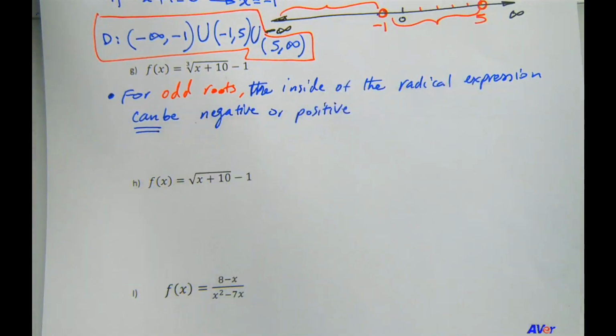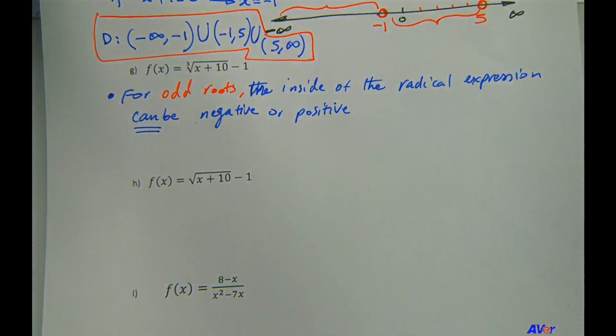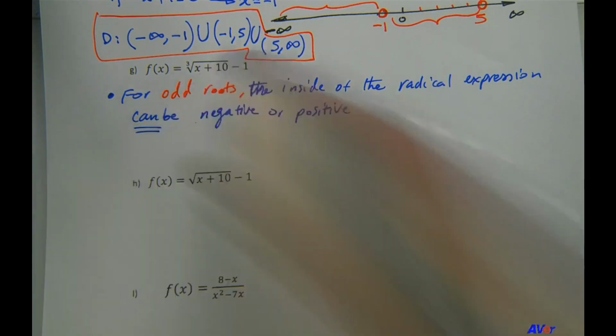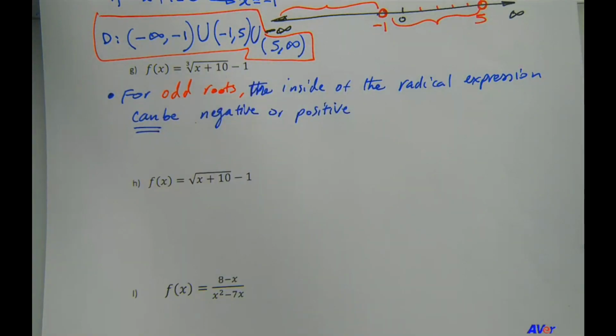It's the square root and all the other even roots that cause problems for us because they create complex numbers. And most of the time, we're not interested in complex numbers. So we need to be careful with the domains of even roots. This is an odd root. So anything is acceptable. It can be negative inside the radical. It can be negative, it can be positive, anything.